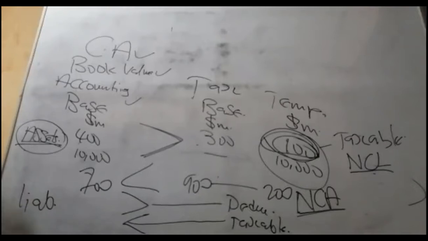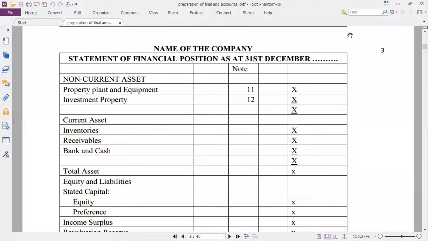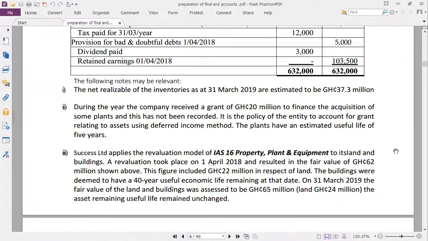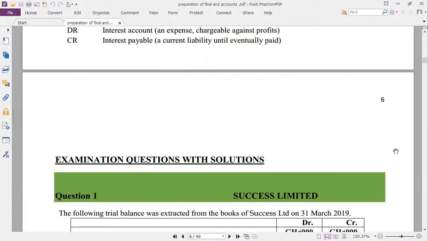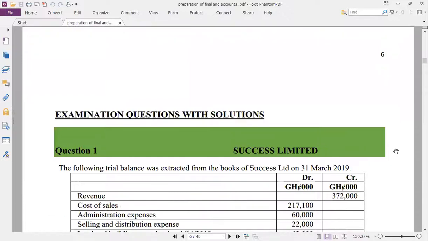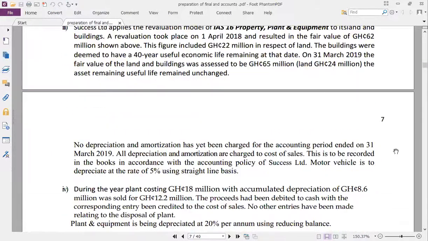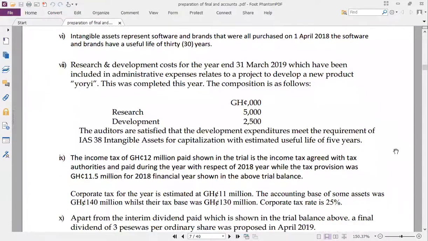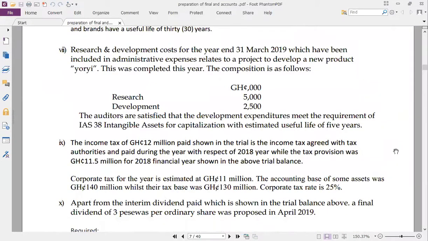Good. So we will go to Success Limited in the updated version of the handout. Let's go to note 9, last but one.